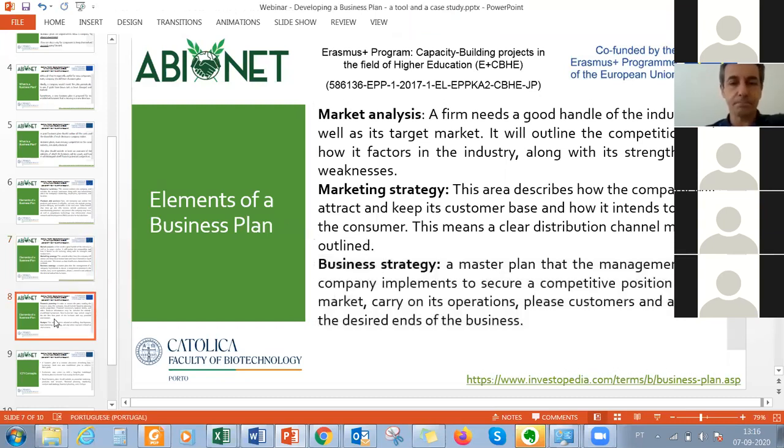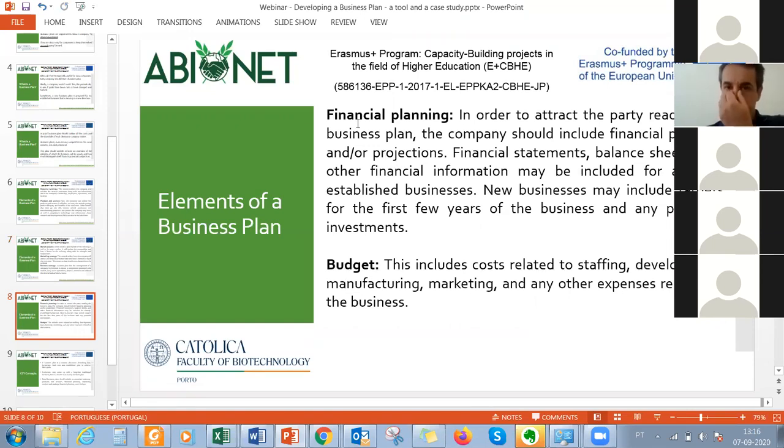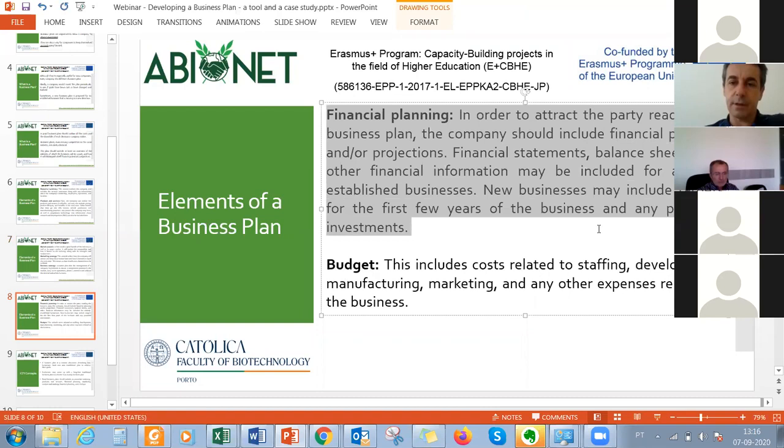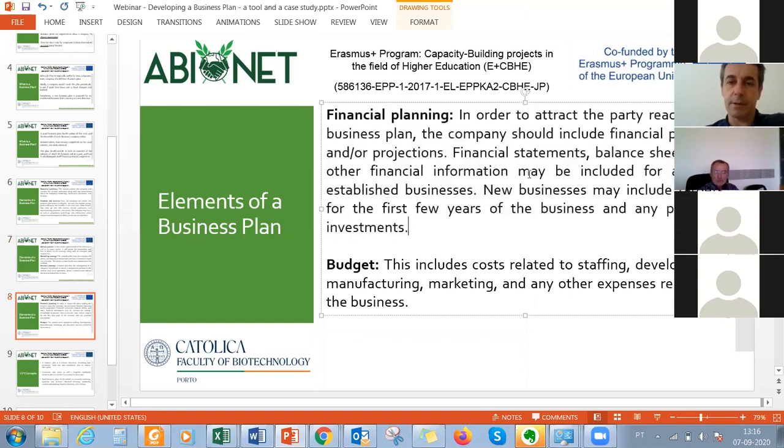So there are also some sheets, some areas to integrate financial issues. So costs of everything.